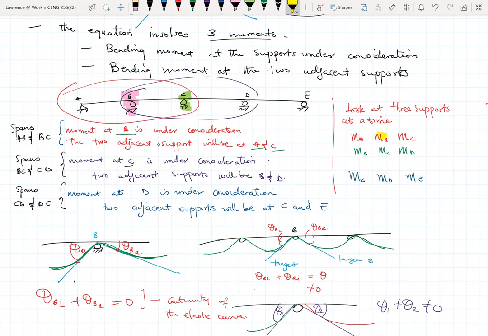The key thing is that this is the center, this is the right side, and this is the left side. All right, so that's the best way I think I can explain this.